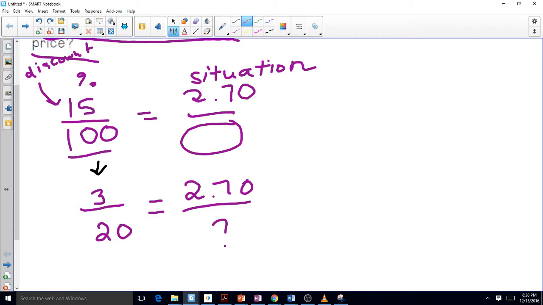Oh my goodness. Looking at my new situation, I need to figure out how I get from 3 to 270. Well, I know that I could do some long division. I even know that 3 times 9 is 27. But just so I do not mess up my decimal placement, I am going to divide.